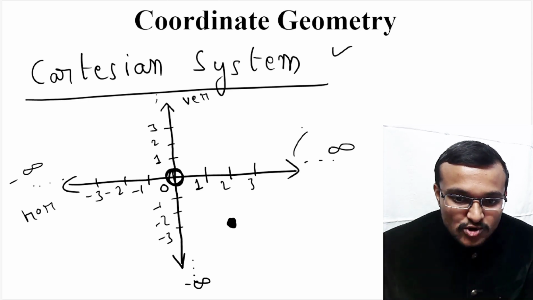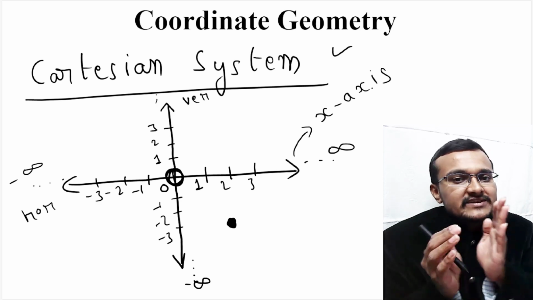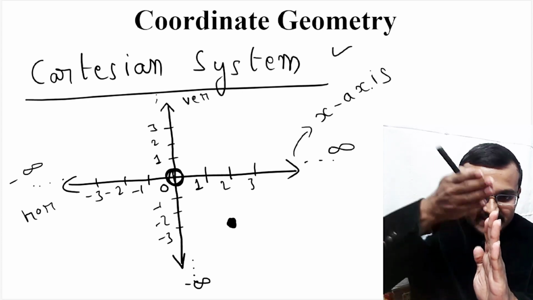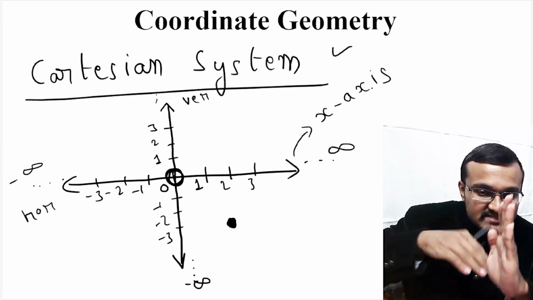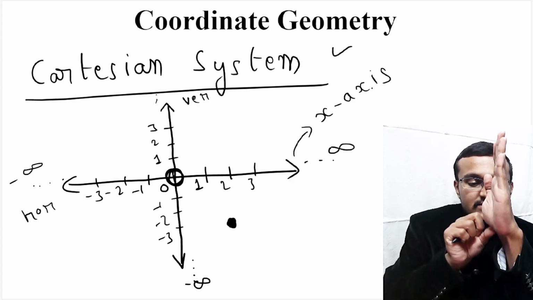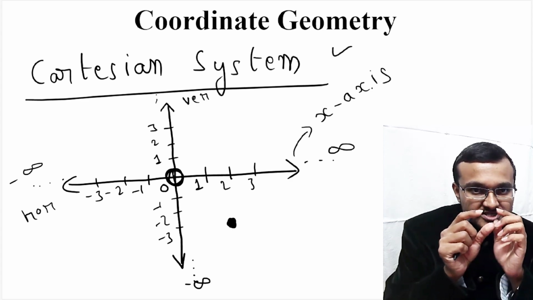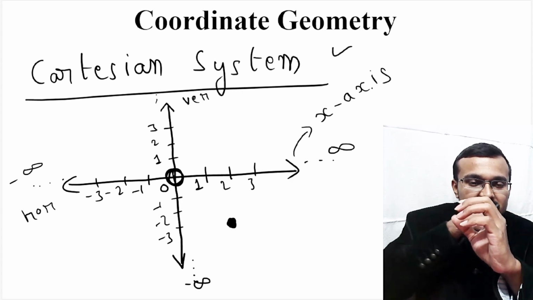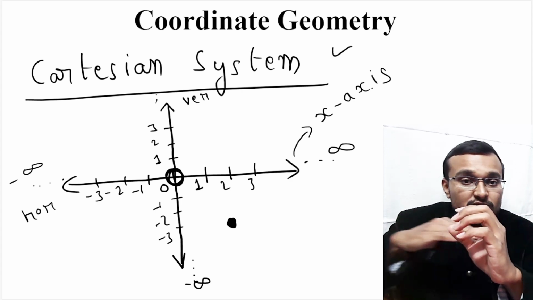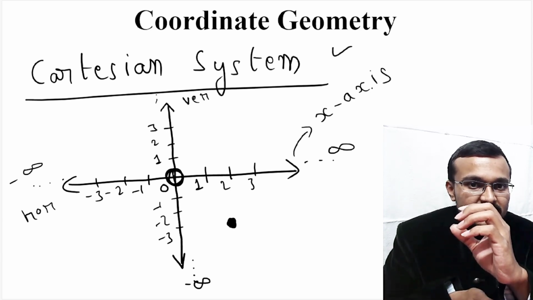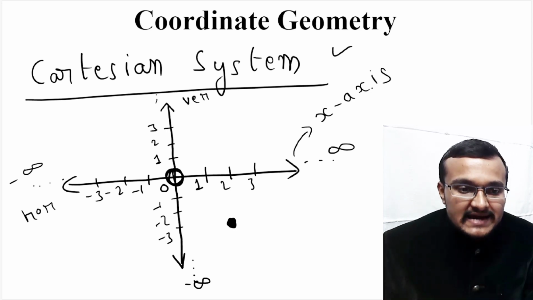This horizontal line you can call the x-axis. Here is how I defined it for the A4 sheet: the left edge of the A4 sheet will be the y-axis and the bottom edge of the A4 sheet will be the x-axis, and the corner of that A4 sheet will be the origin. From that origin you can draw the negative part of the bottom edge, and the negative part of the left edge, and you will get this axis.